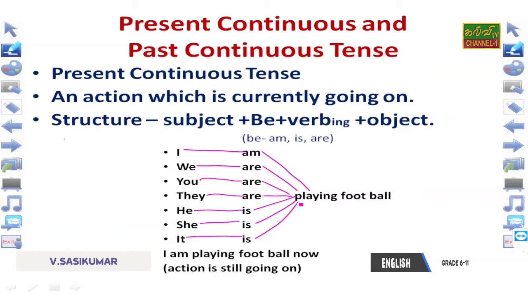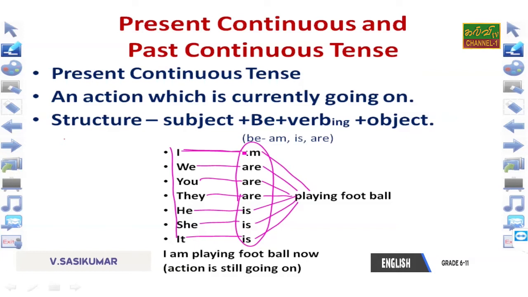So that's why you can see, we can come to the conclusion, dear students. First we have written the subject as we like. Then the helping verb will be suited for the subject. So only for the subject I, I will expect am.